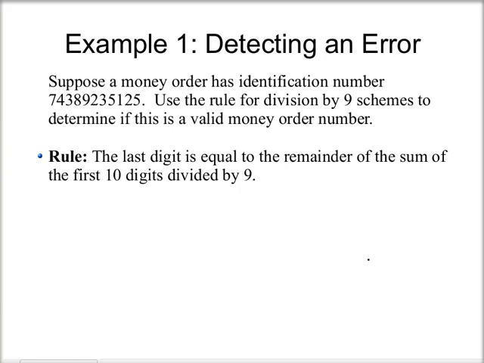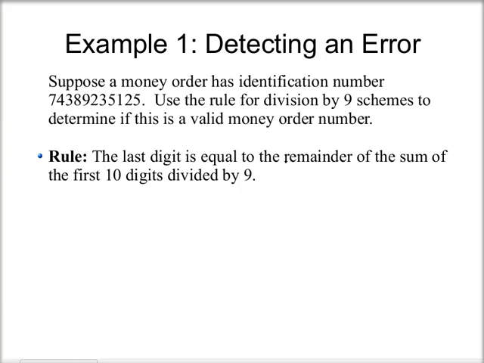Now let's look at an example of detecting an error using a coding scheme. Suppose we have a money order with identification number 74389235125. I want to use the rule for division by 9 schemes to see if this is a valid money order number. Here's my rule as a reminder.